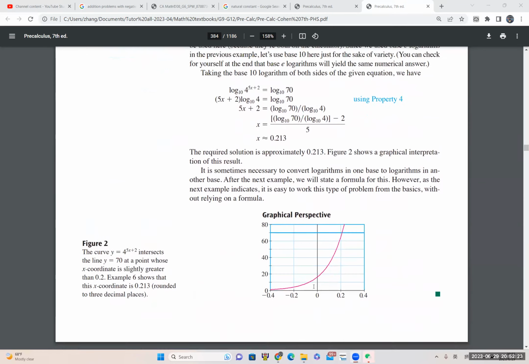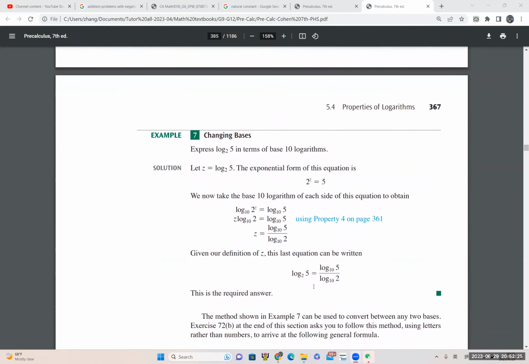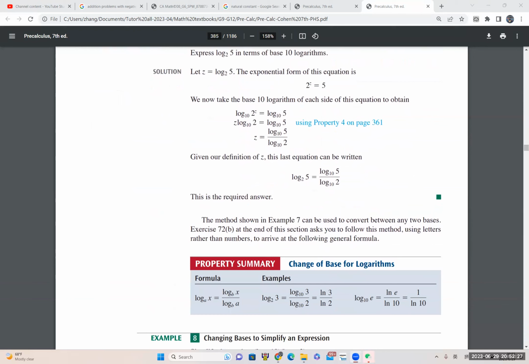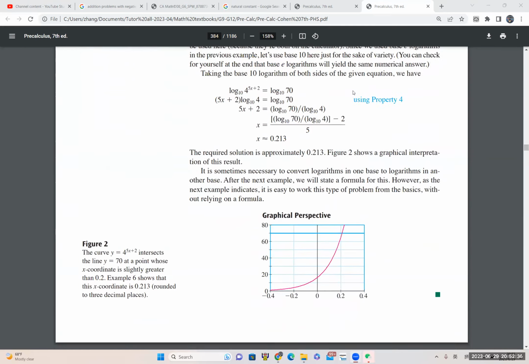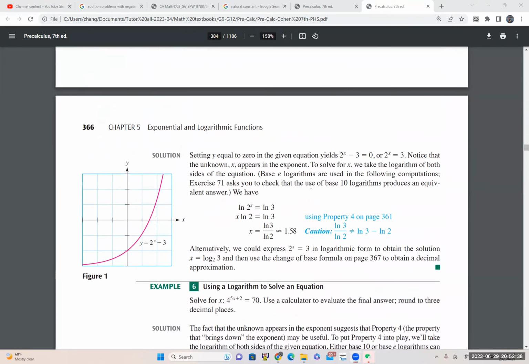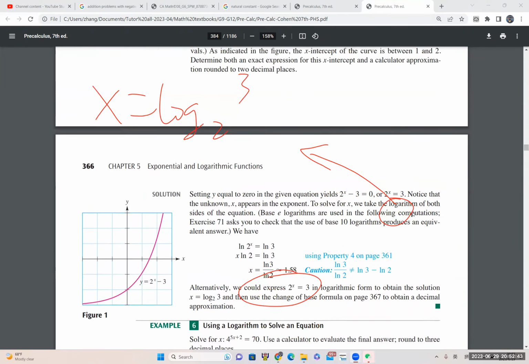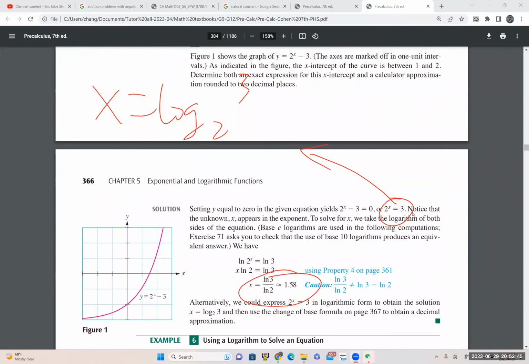So, the change of base. This is a very useful formula called change of base. Just now, actually, we already changed base, remember? If I recover it, it's like this, right?